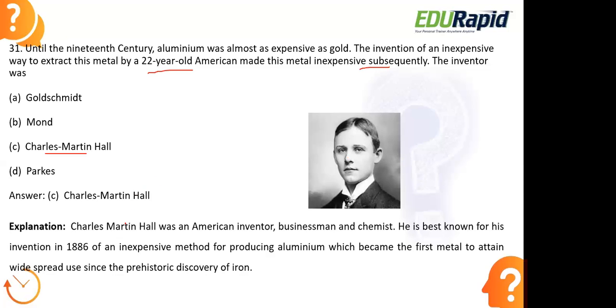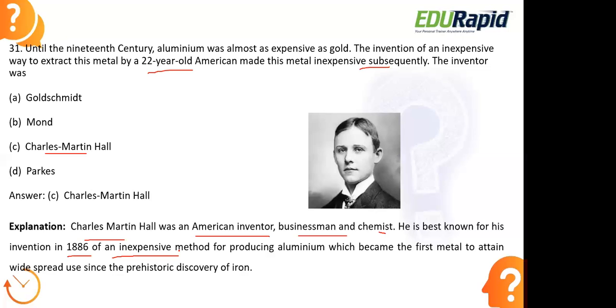Okay, Charles Martin Hall was an American inventor, businessman, as well as chemist. He is best known for his invention in the year 1886 of an inexpensive method of producing aluminium, which became the first metal to attain widespread use since the prehistoric discovery of iron.